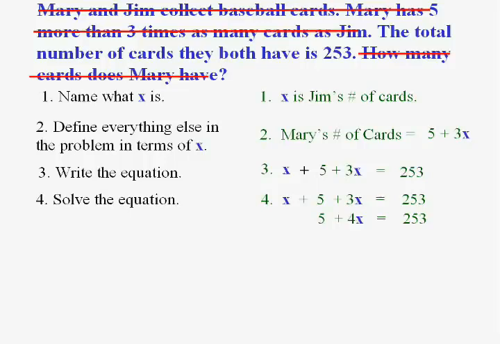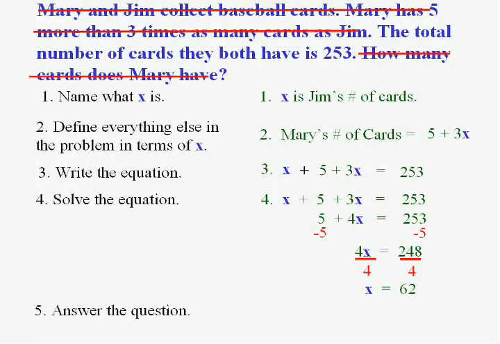And then we'll get x alone by first subtracting 5 from both sides and then dividing by 4 on both sides. Note here that we're lining up the equal signs very nicely. And x is 62.